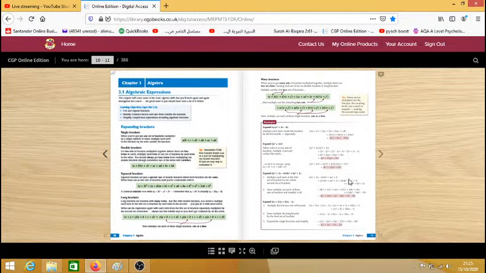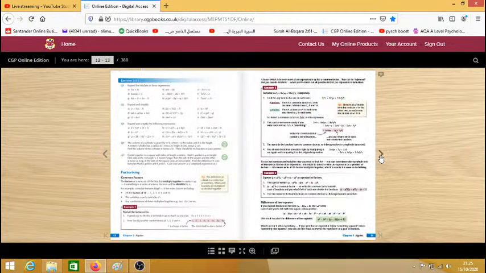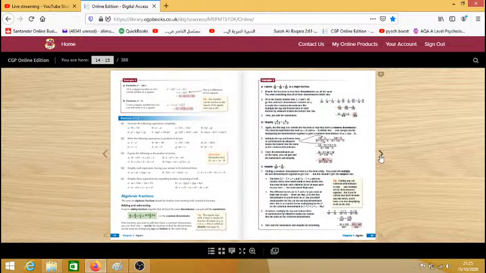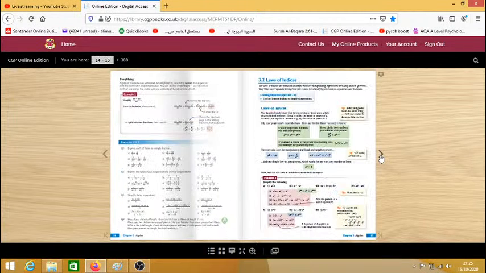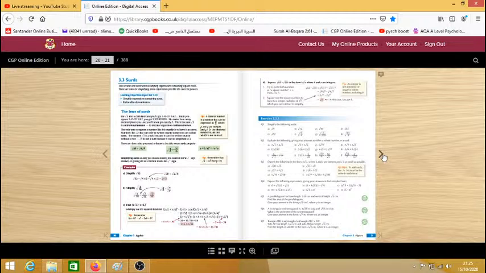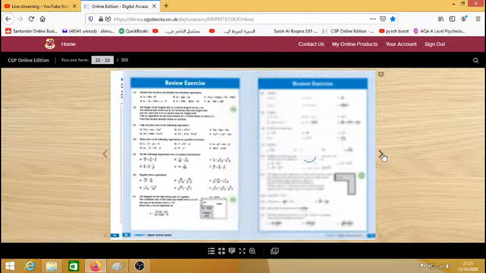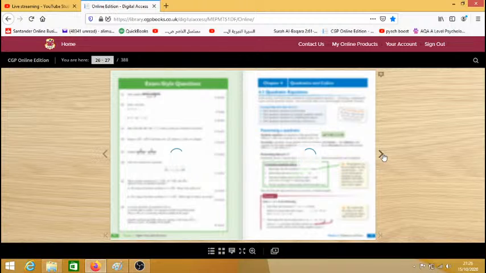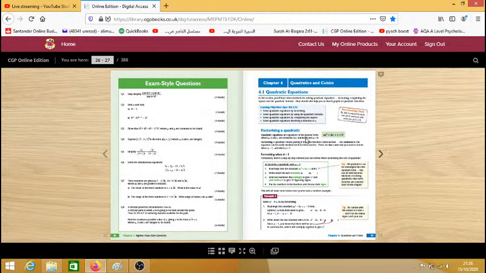So it's chapter 3 on algebra, and the idea is you should be doing half a chapter a week, so by the end of next week you should have finished all the questions and be ready to start chapter 4 next time, inshallah.